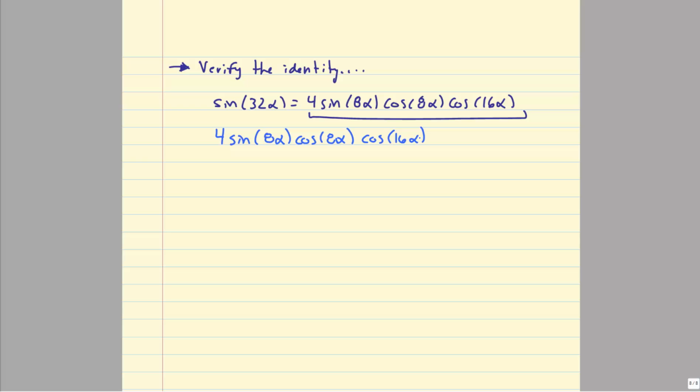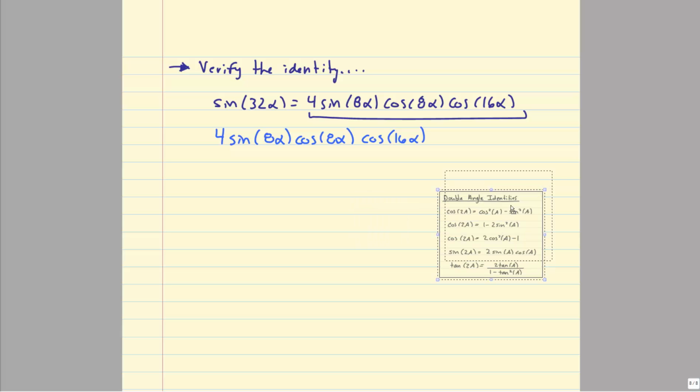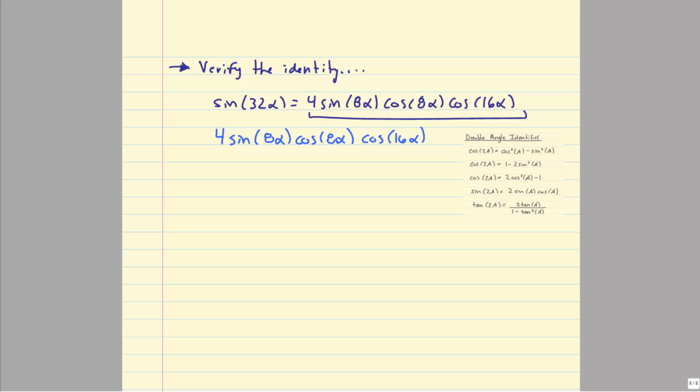To simplify here, I can see something like 2 sine alpha cosine alpha. I'll pop that note card up again real quick so we can see what I'm referring to. This right-hand side kind of looks like that. The only thing we're off by is that instead of a 2 we have a 4. So I could take this 4 sine 8 alpha cosine 8 alpha, and those arguments have to be the same, and they are in this case.